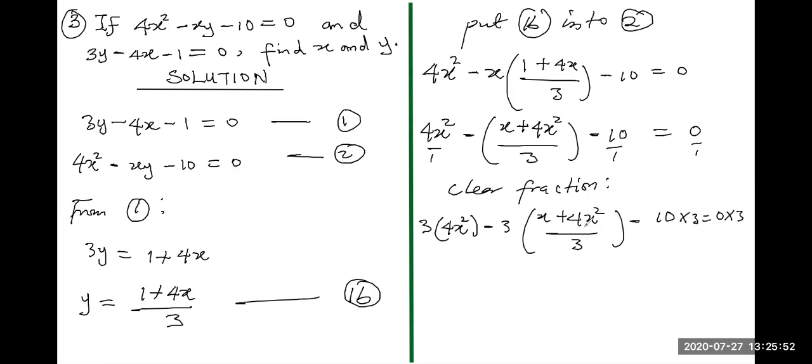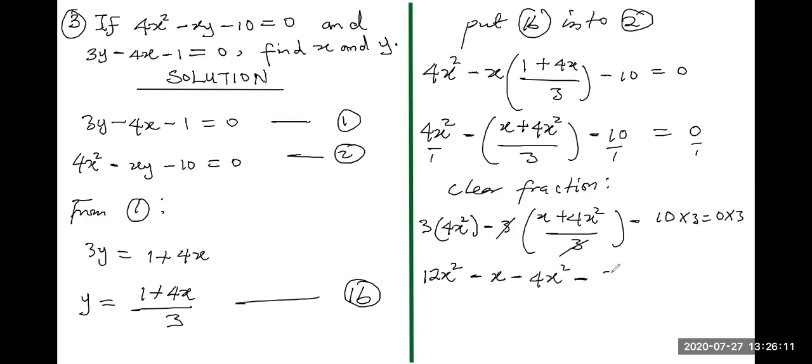So multiply everything by 3. So this will give us 12x squared. This will cancel this. All right, we have minus. So using the minus to expand, minus times x now we have minus. So see, we apply the minus now. Minus times minus will give us also minus 4x squared.